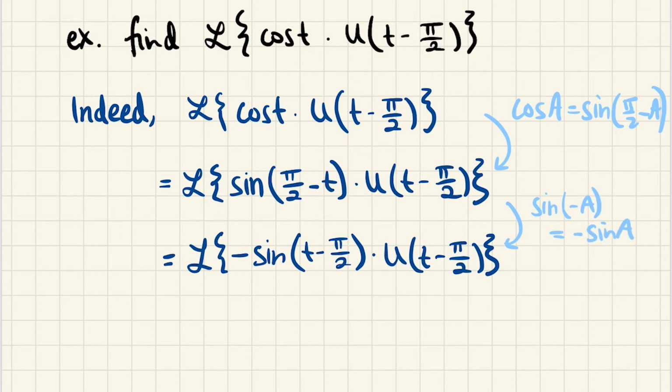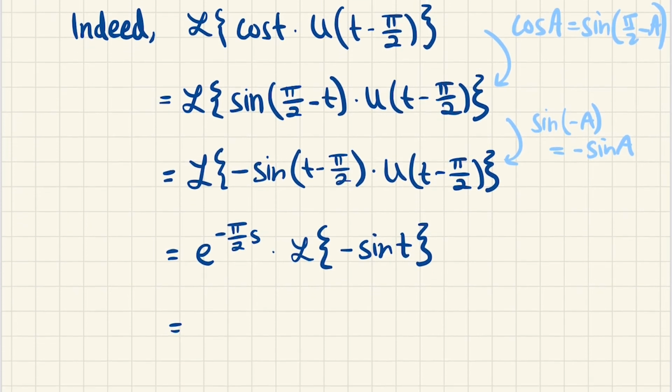All right, awesome. The offset matches on both sides here. So that means that we can now use the second translation theorem. And we have that this is equal to e to the negative pi over 2s multiplied by the Laplace transform of this function here without the offset. So it'll be multiplied by the Laplace transform of negative sine of simply just t.